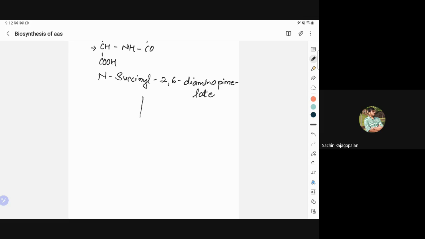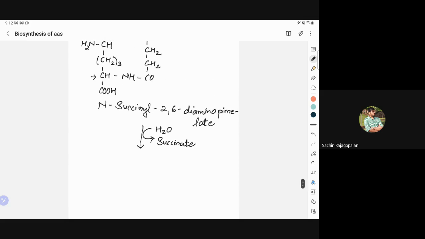The next step that you will see is you add a water molecule and you remove succinate or succinic acid. So now you should realize why water, because if succinate has to be removed, this has to get an OH group such that COOH, CH2, CH2, COOH is succinate. That's how that will be removed.